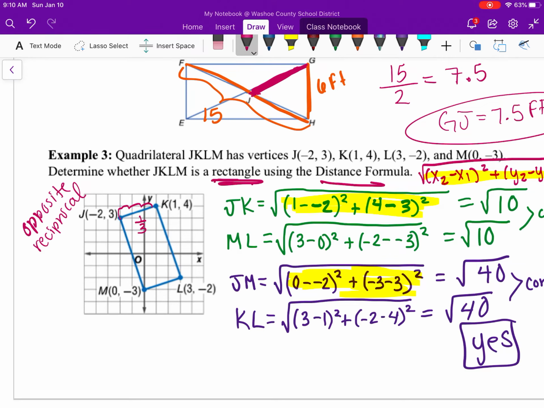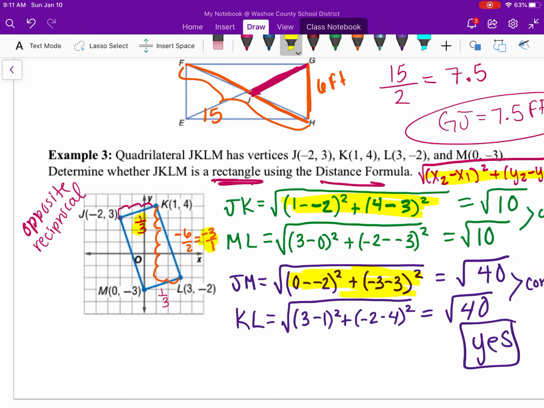Okay, so if I were to compare, this slope here has rise 1 over 3, so it has a positive 1/3 slope. Same thing here, 1/3. And then when I compare this slope, the rise is down 2, 3, 4, 5, 6 over 1, 2. So -6 over 2 is actually -3 over 1.